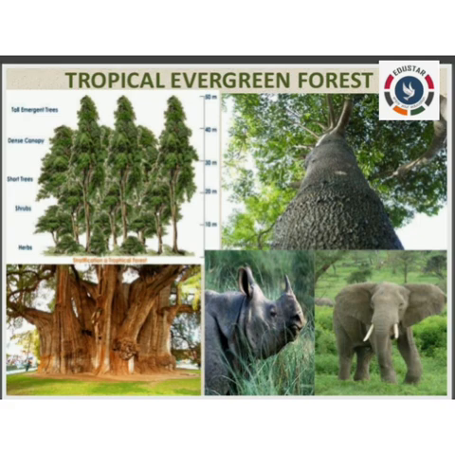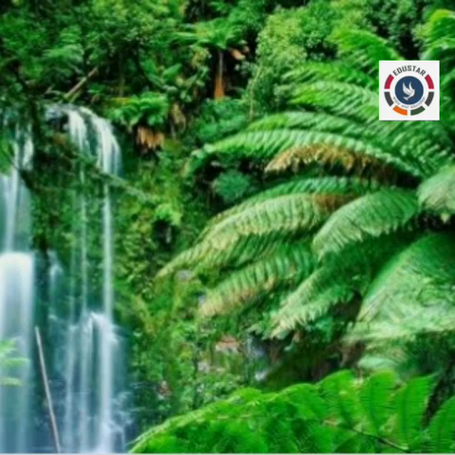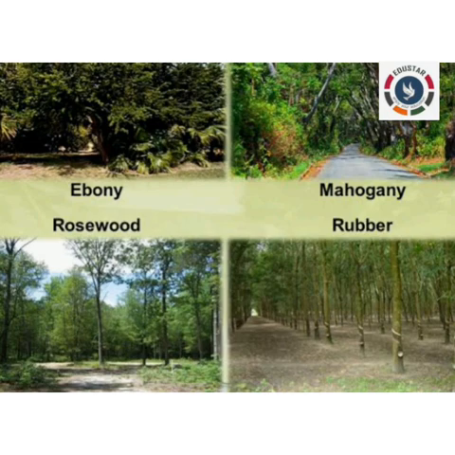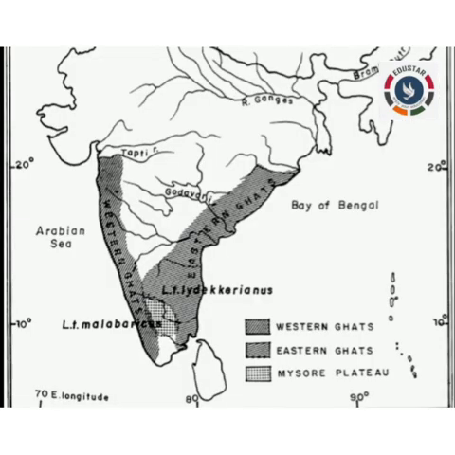The uppermost layer of the branches of tall trees forms a canopy or cover. These forests are thick and multi-layered. Trees like ebony, mahogany, and rosewood are commonly found in evergreen forest.